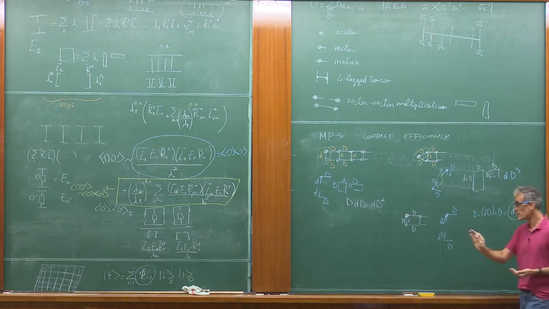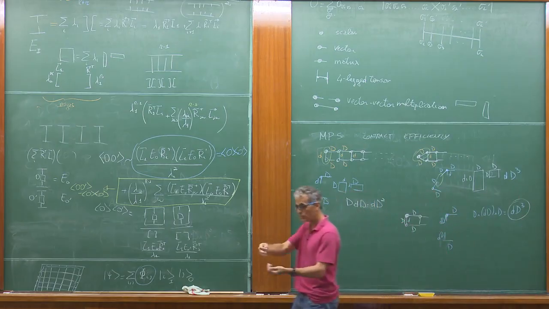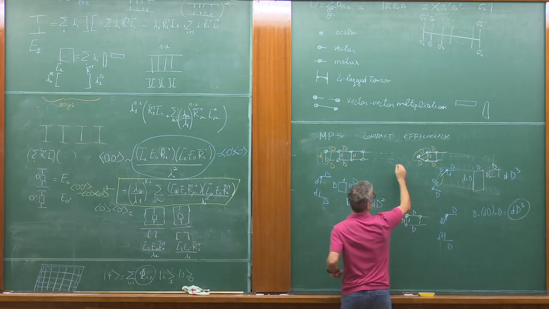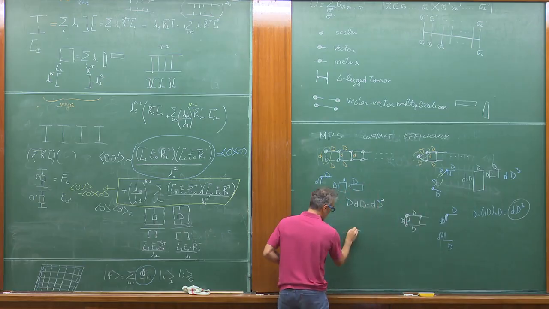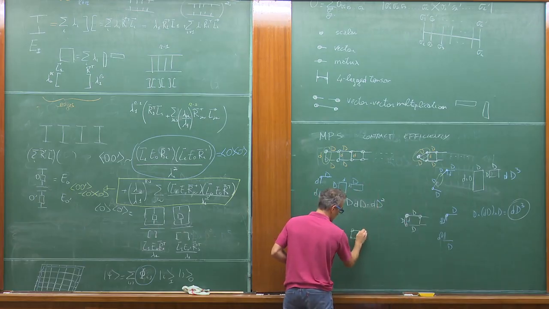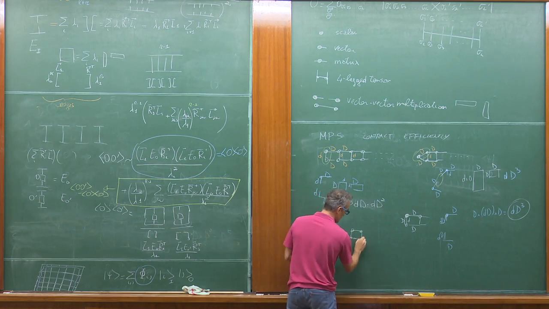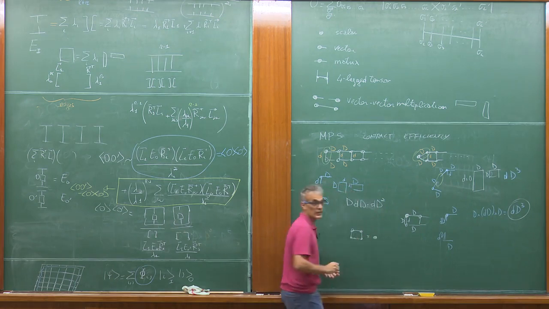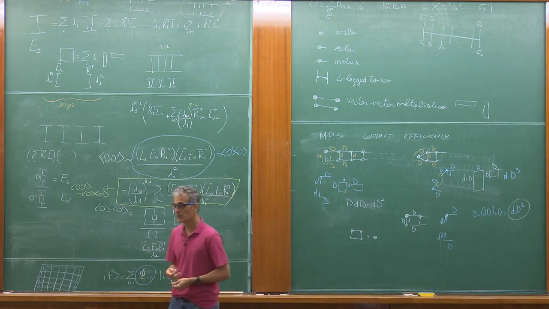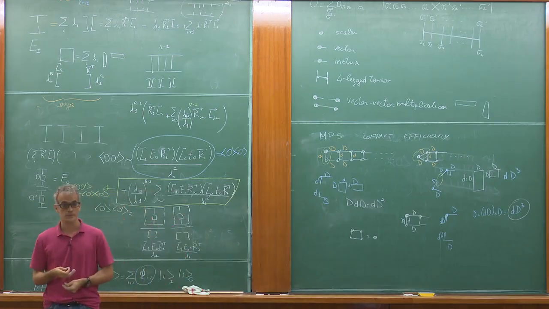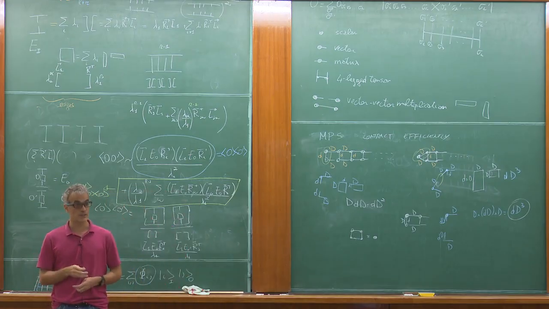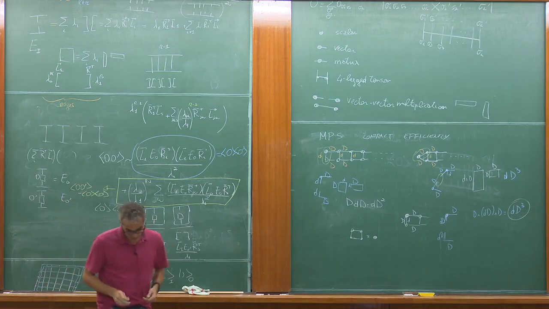So you can compress all of these things and eventually at the end get to a scalar. And at most the cost of the calculations will be d D cube. Very, very efficient. This is the fantastic thing of matrix product states.